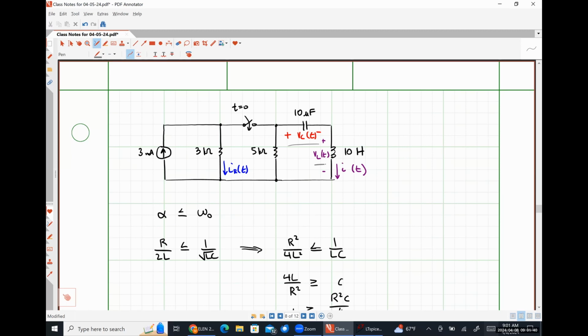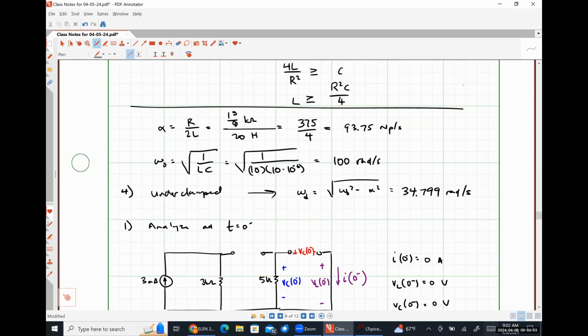The voltage way, okay. So that's going to require me to know VC of t, and it's also going to require me to know VL of t. VC of t is fairly straightforward. So we're going to solve for VC of t and VL of t, and then add those two things together.